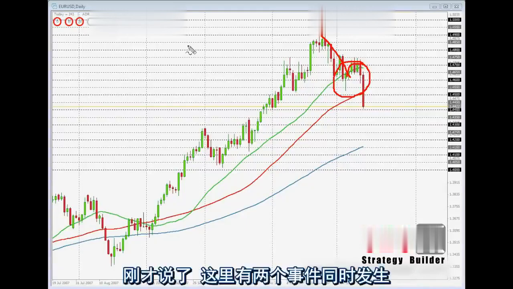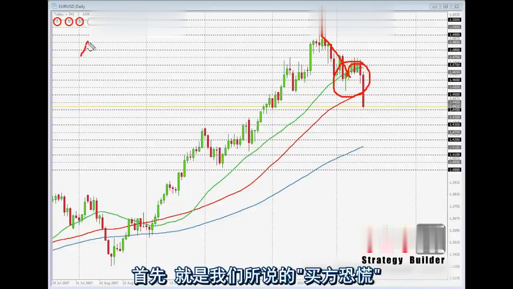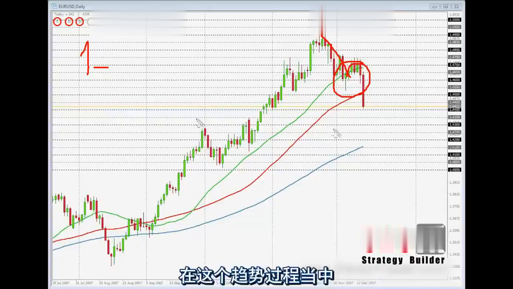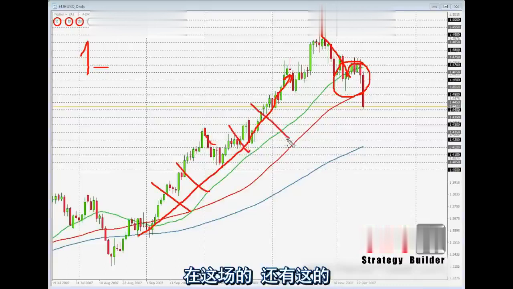In this market, as I was saying before, there are two events that may take place at the same time, and they leverage each other. They basically strengthen each other. First of all, it's what's usually called in the market the bulls' panic. Basically, all the people that have been long in this trend, who entered anywhere along it, have been making money.